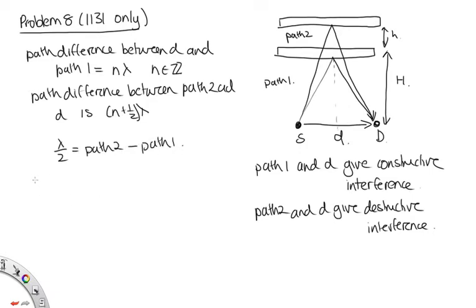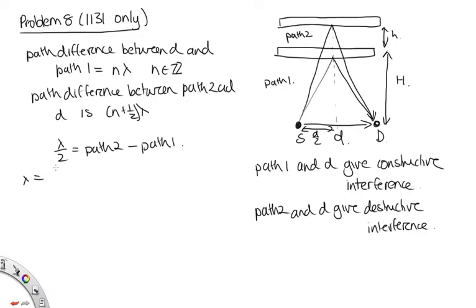So now to work out lambda, we can just substitute into this equation. Now in path 2 it has to go up and back, and we can use Pythagoras' theorem. The height is h plus h, the length along here is d over 2, to work out that distance.